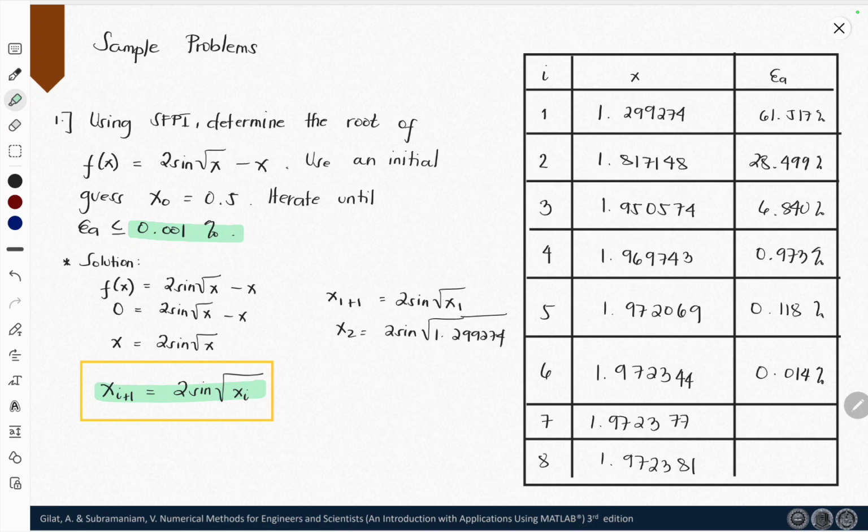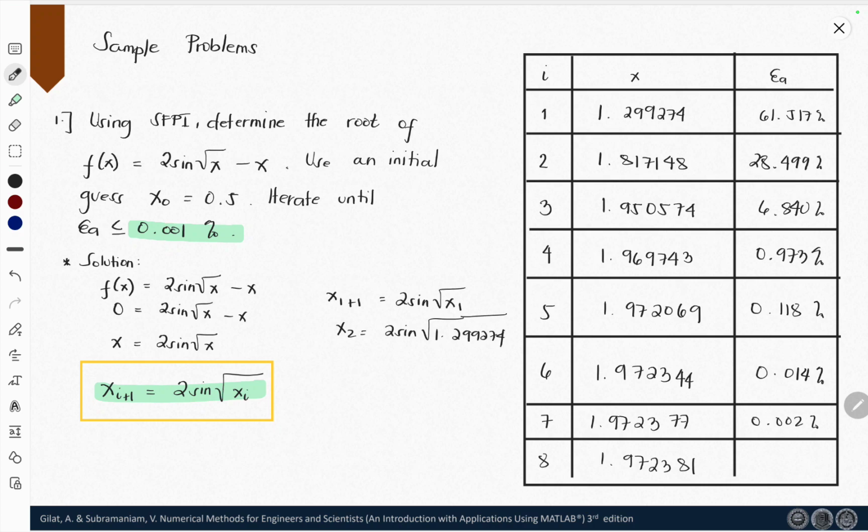So for the seventh iteration, we have 1.972377 minus 1.972344 divided by 1.972377 times 100. So this is 0.002%.